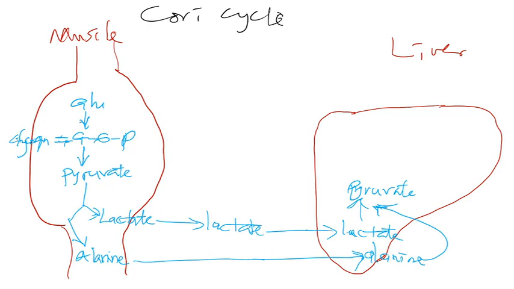The pyruvate can undergo gluconeogenesis to produce glucose 6-phosphate, which can be converted via glycogenesis to form glycogen.